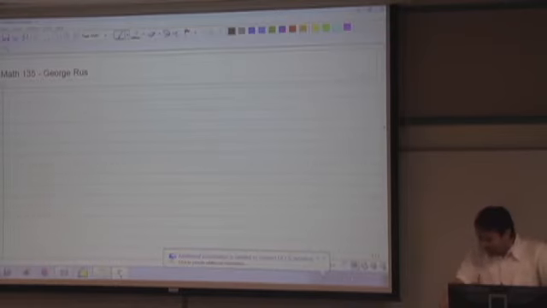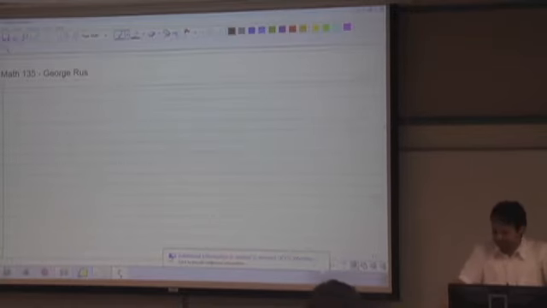So for instance, if you look at part C, you have the limit as x goes to 0 of f of x times g of x. Well, as the first step, you have to say that it's the limit as x goes to 0 of f of x times the limit as x goes to 0 of g of x. And then you basically just write out whatever those two limits are. Does that make sense? Yeah? Okay. What else?